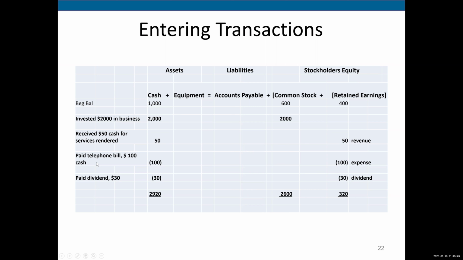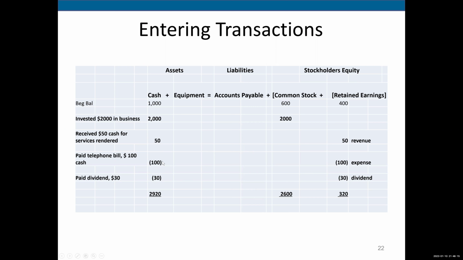The next transaction: paid telephone bill, $100 cash. If you pay cash, does cash go up or down? It goes down. Why did we pay this cash? We're paying our telephone bill, so that's going to be telephone expense. So over here, we reduce our stockholders' equity through retained earnings with an expense of $100.